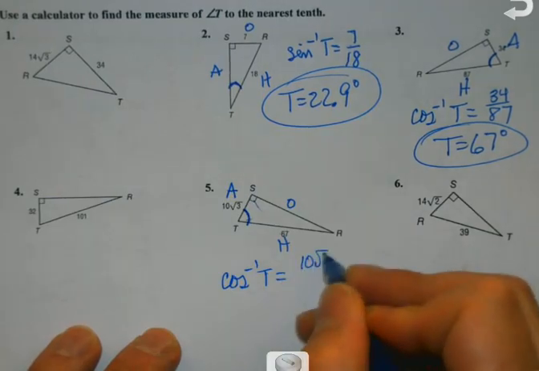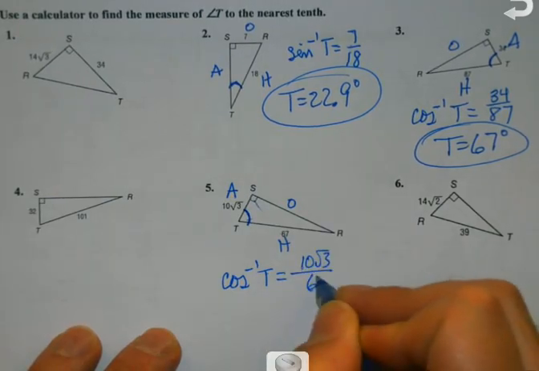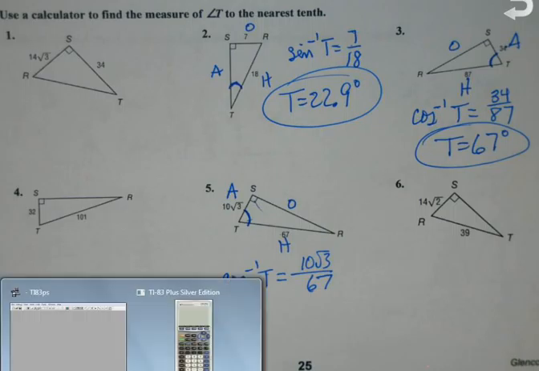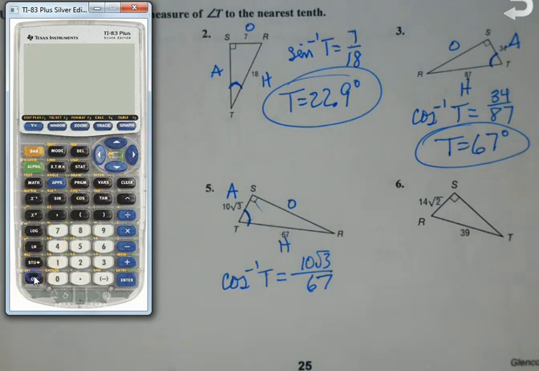So adjacent over hypotenuse. Now, even if I had the radical in the denominator for this, I don't care, because I'm not doing it in a fraction form, I'm doing it in the calculator. So, do second cosine. 10 square root, again, is second and x squared.